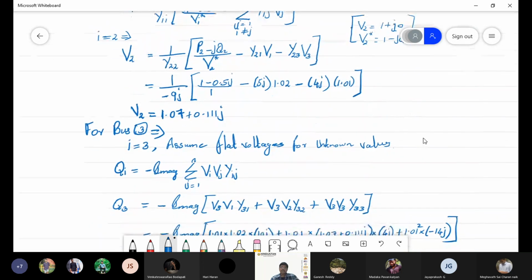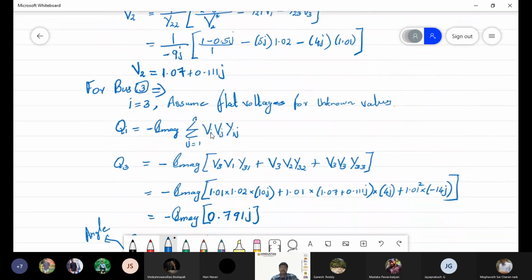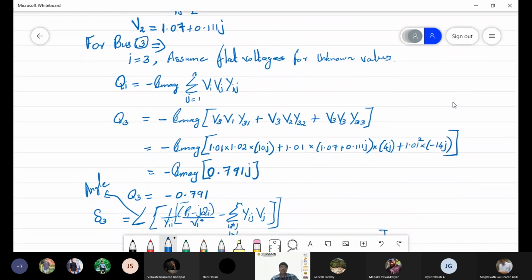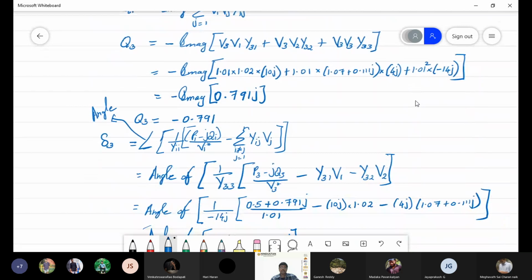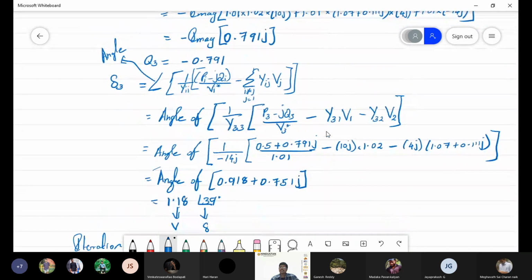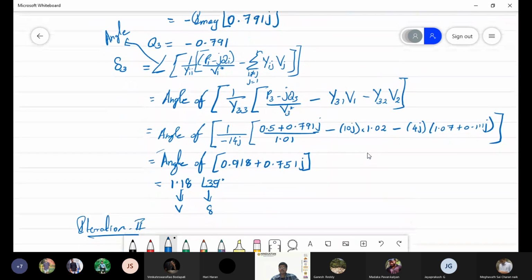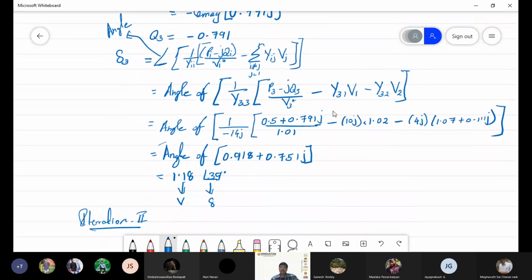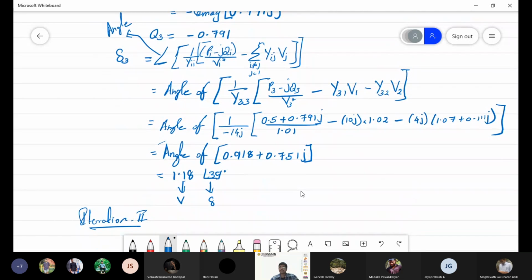Similarly for bus 3, while finding Q3, you have to put the updated value of V3; V1 was given, but V2 you have to put the updated value. Wherever the del value is there, you also have to put the updated value. Similarly, while finding del 3, all the updated values of V3, V1, V2, everything, you have to substitute. Like that you can identify the answer.